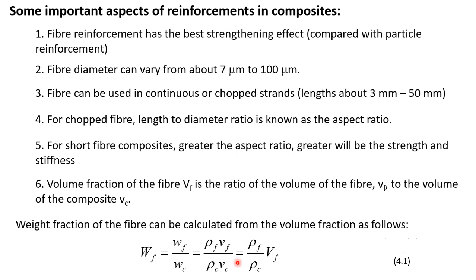So finally we can write it in this form: density of the fiber over density of the composite, multiplied by the volume fraction of the fiber. That will be the weight fraction of the fiber. So either weight fraction or volume fraction can be used for any calculation purpose.